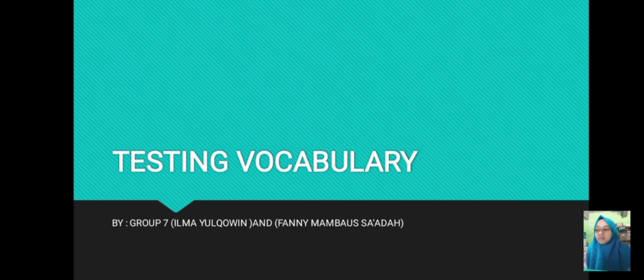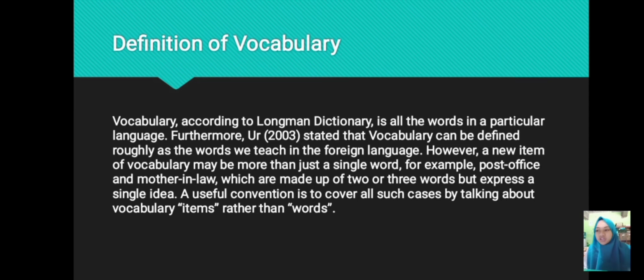We want to present about testing vocabulary. First, the definition of vocabulary. Vocabulary, according to Longman Dictionary, is all the words in a particular language. Furthermore, Ur states that vocabulary can be defined as the words we teach in the language.